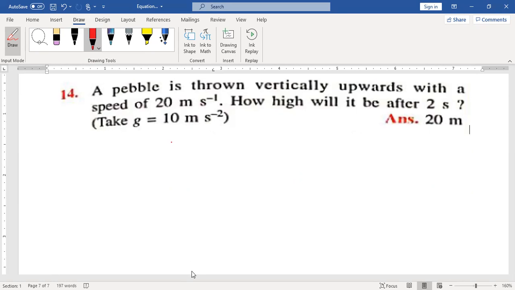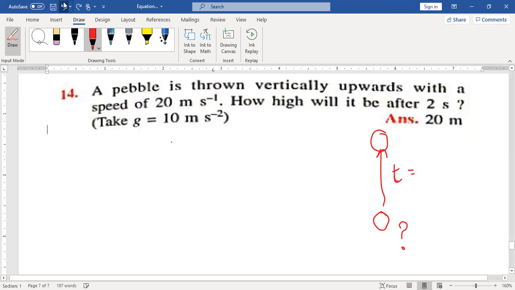How high will it be after 2 seconds? So what we are having? A pebble is thrown with certain speed, and how high will it be after t is equal to 2 seconds?